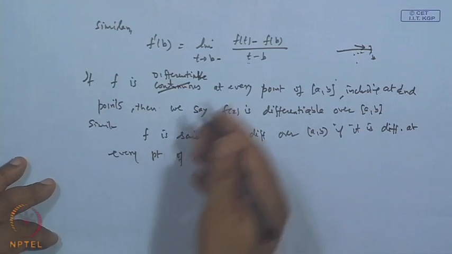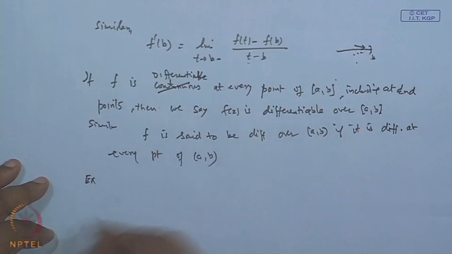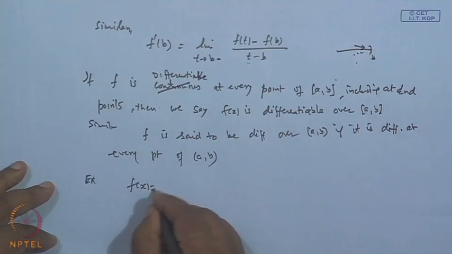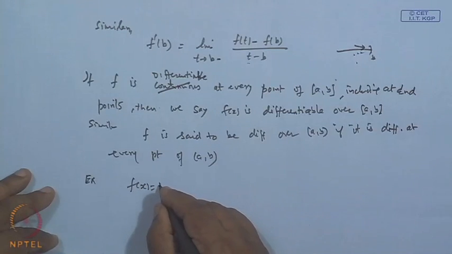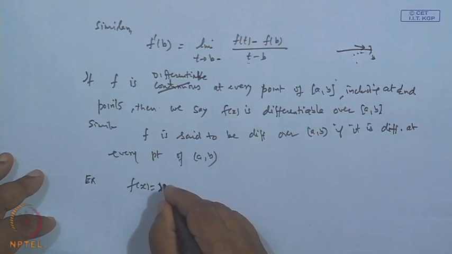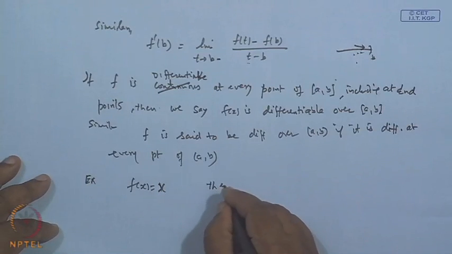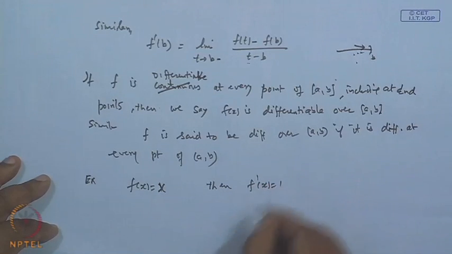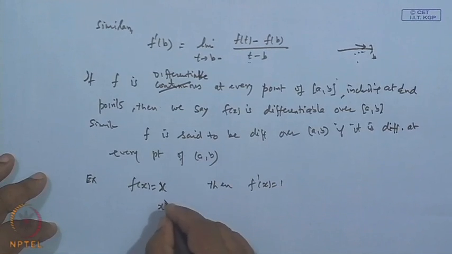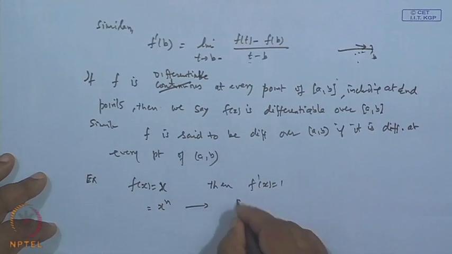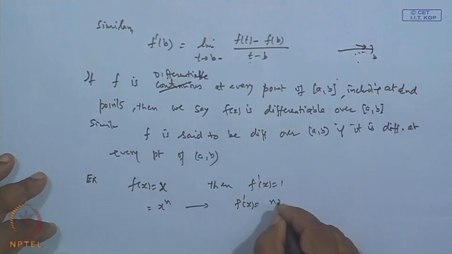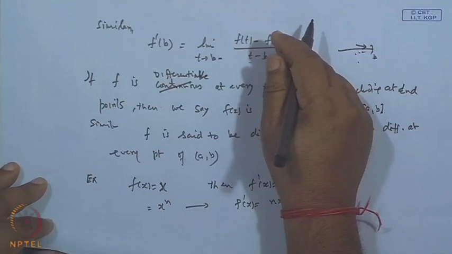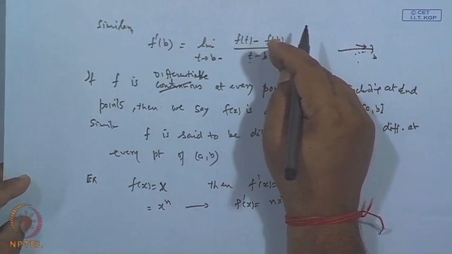Now, using this definition, one can easily show that if f(x) equals 1, the derivative is 0. If f(x) equals x, the derivative is 1. In general, if f(x) is x to the power n, the derivative is n x to the power n minus 1, which can be proved directly.